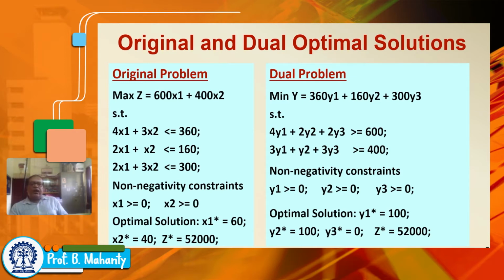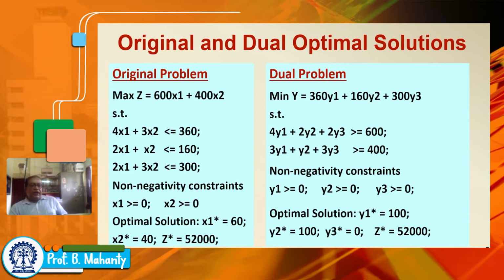Yes, so other basic feasible solutions in this particular minimization problem would be values other than that, but those values will not be possible to find out straight away. Anyhow, one thing is clear, that the Z value will always be higher. So what is happening? In the original problem, that is the primal problem, the optimum solution is the highest possible, and in the dual problem, the optimum solution is the lowest possible.